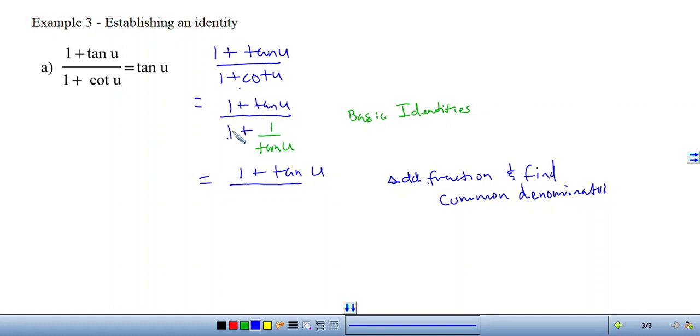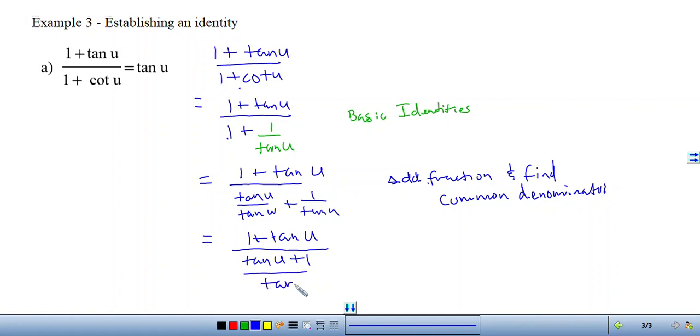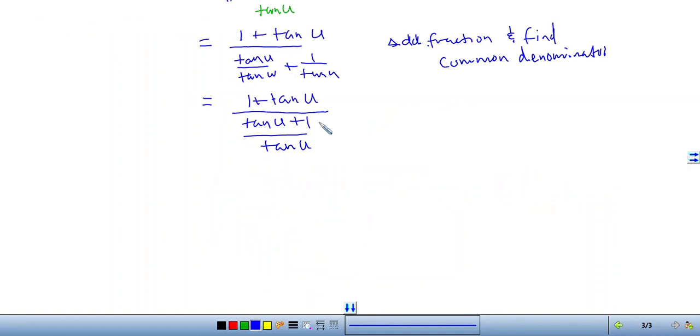So we're going to say tangent over tangent. So tangent u over tangent u, that's 1 plus 1 over tangent u. Now you can actually add it. Okay, on the bottom, when you add it, you should get tangent u plus 1 over tangent u. Okay, so that's just adding the fractions.